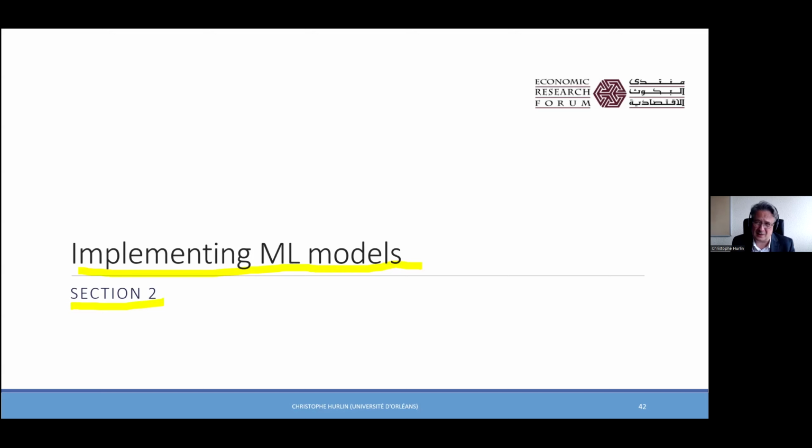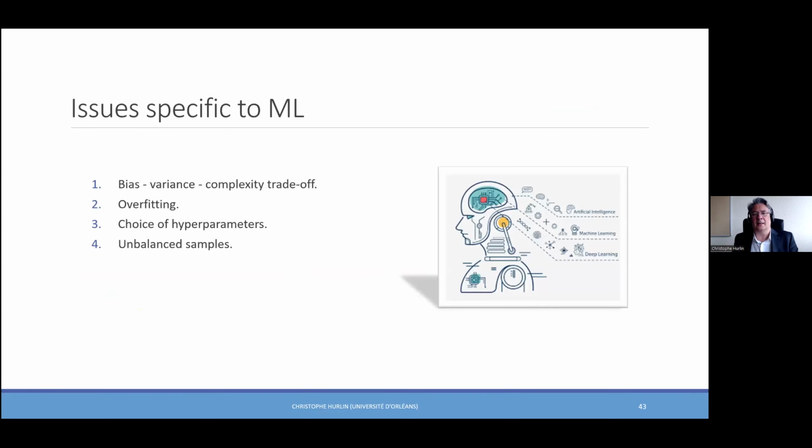We will discuss the critical issue of overfitting and the general principle of cross-validation of the hyperparameters. So this is a general discussion. We do not detail a particular algorithm, but we just discuss general principles on how to implement an ML algorithm. What are the specific issues with ML algorithms, whatever the type?